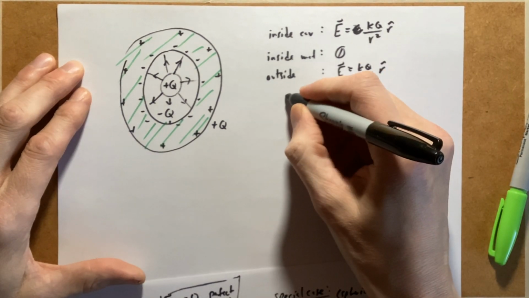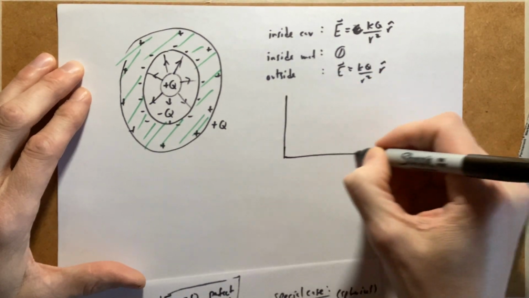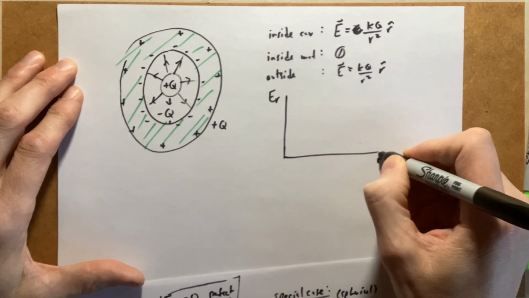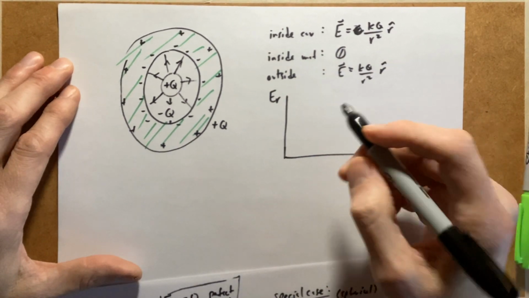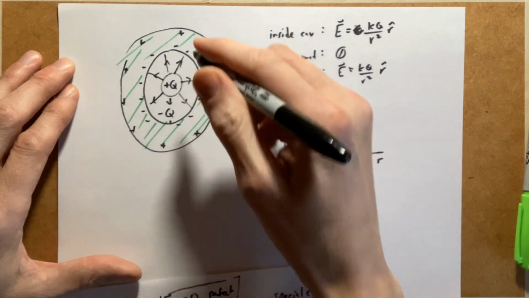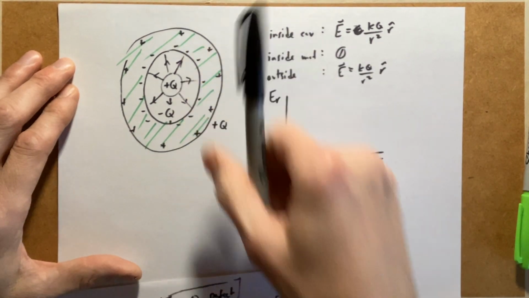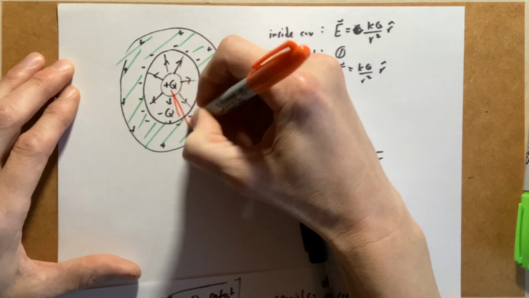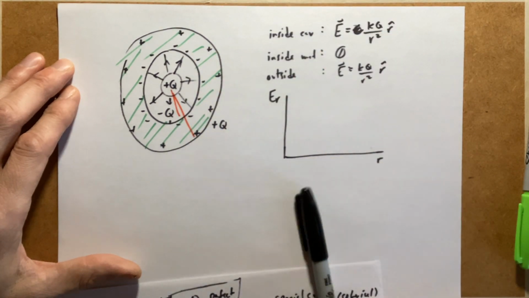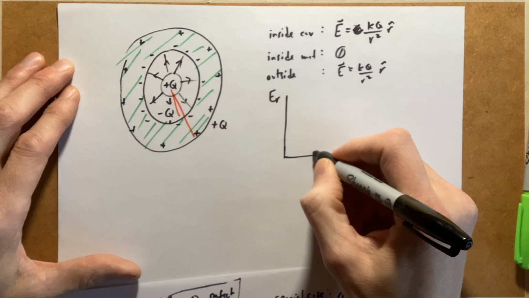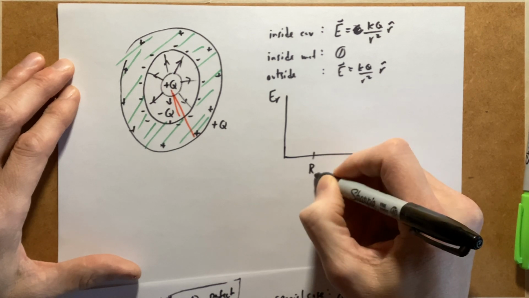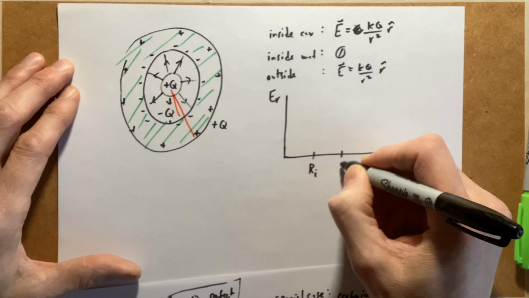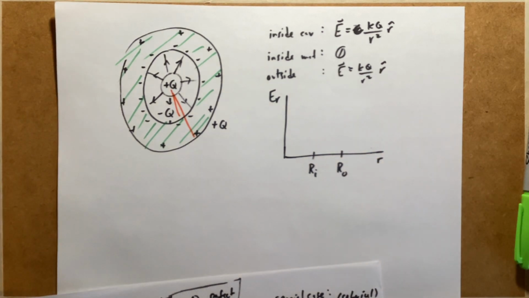So let's go ahead and draw what this would look like. What would be the radial component? I'm going to mark down 2 radii, the inner radius and the outer radius of the conductor: Ri, I don't mean initial, I mean inner, and Ro, which is outer.